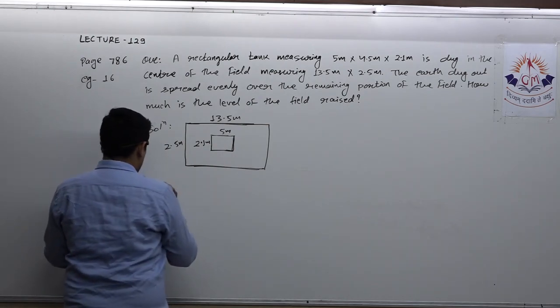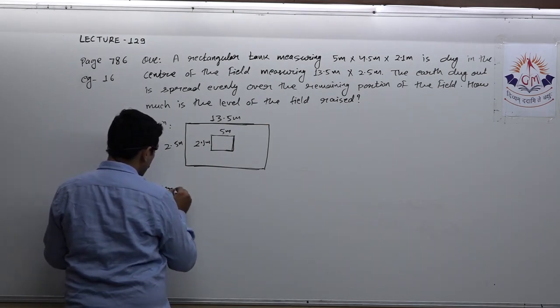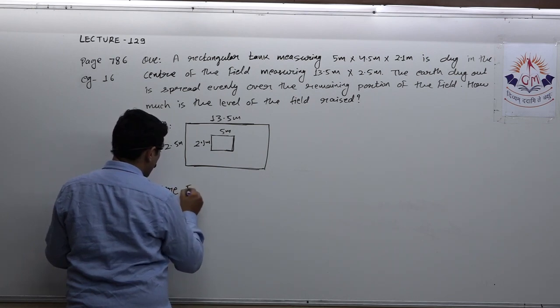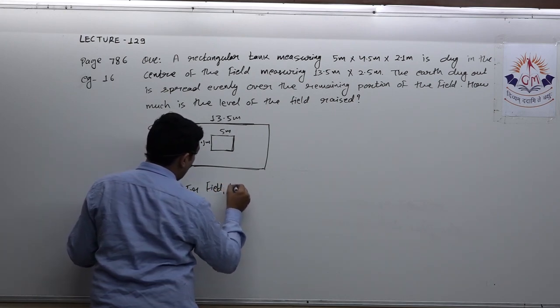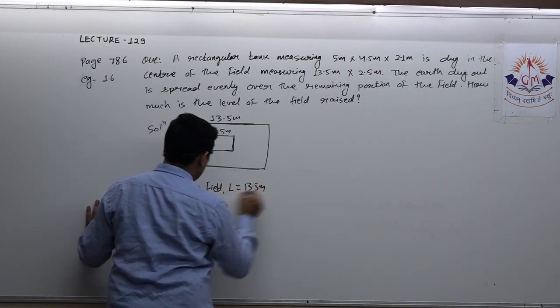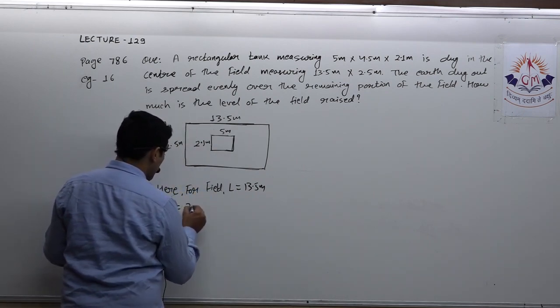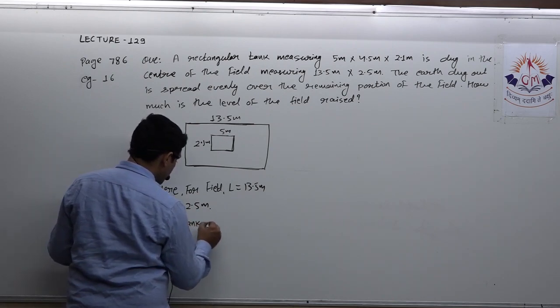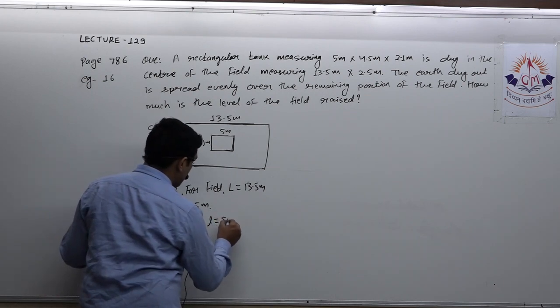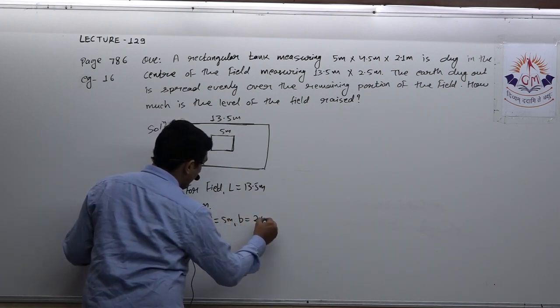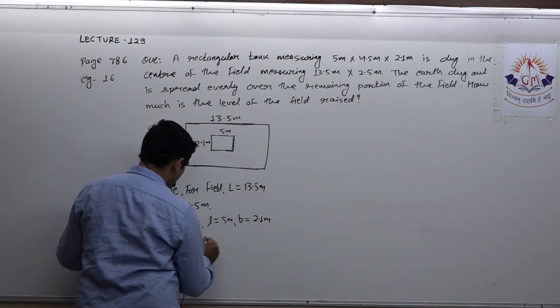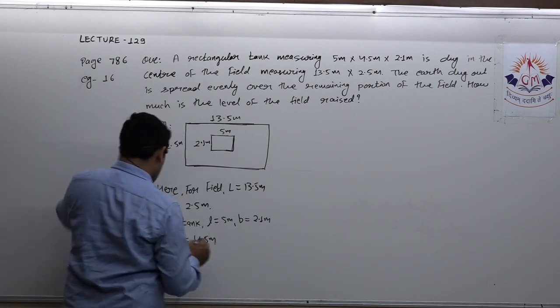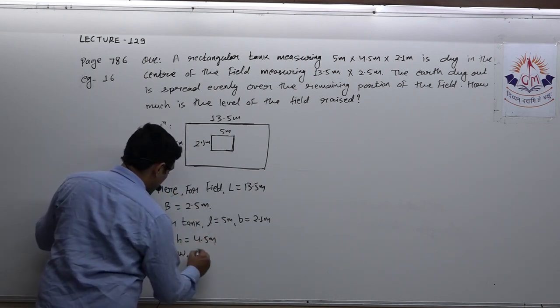So for the field, capital L, that is length, is 13.5 meter, B is equal to 2.5 meter. For the tank, L is equal to 5 meter, B is equal to 2.1 meter, and H is equal to 4.5 meter.